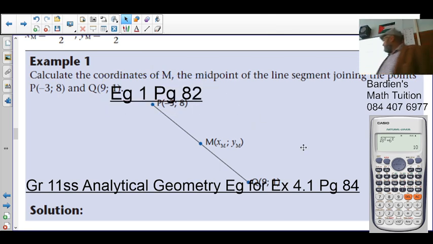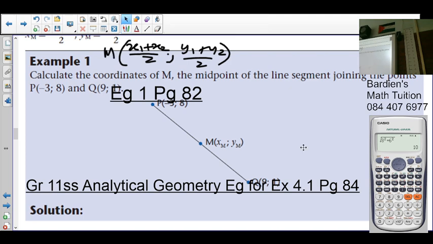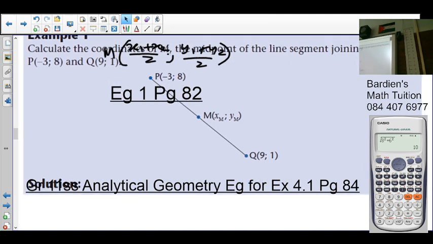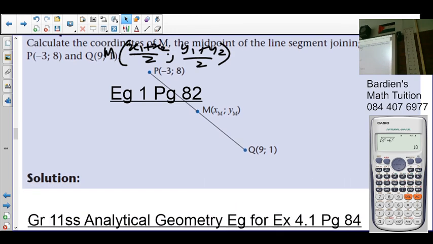So the midpoint formula we dealt with last year was (x1 plus x2) over 2 and (y1 plus y2) over 2. That's the formula we used. Now we're looking at this.